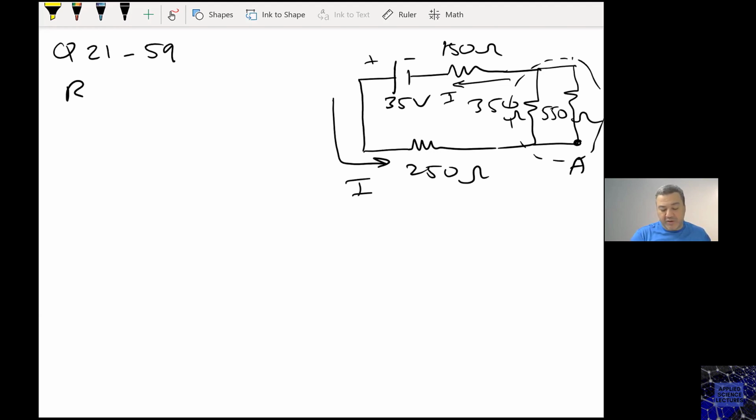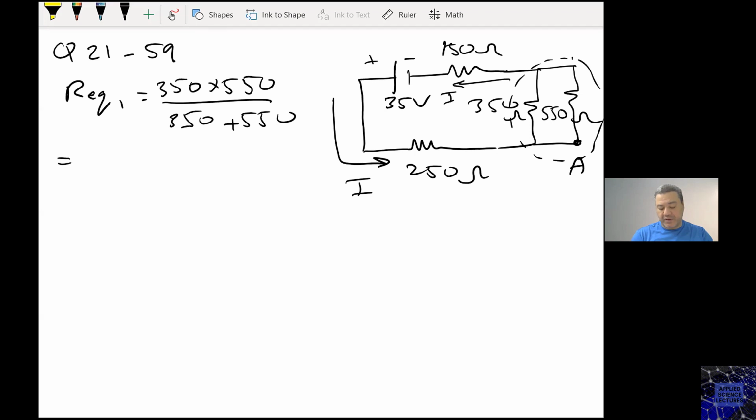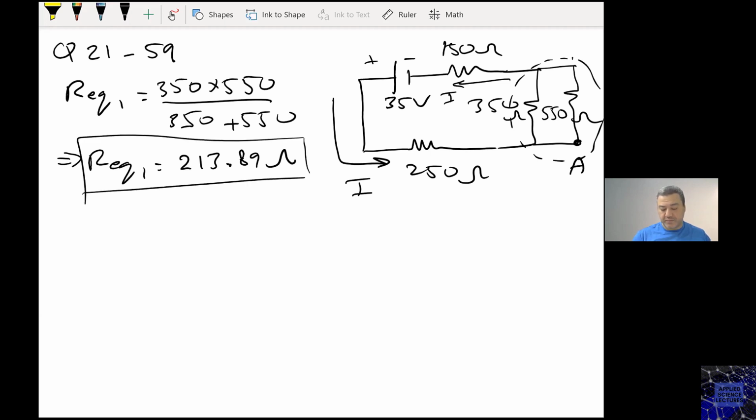I'm going to call it R equivalent 1, 350 times 550 divided by 350 plus 550. Then R equivalent 1 is 213.89 ohms. R equivalent total is this R equivalent 1 in series with 250, in series with 150.